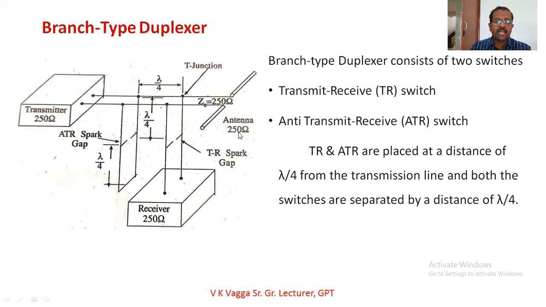See here, this is the transmitter part, this is the receiver, and this is the antenna. The receiver is connected with two wires, and in between it is connected with the TR switch, which is indicated as a spark gap, TR.